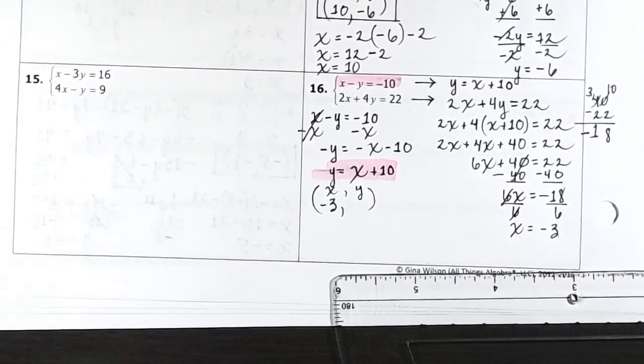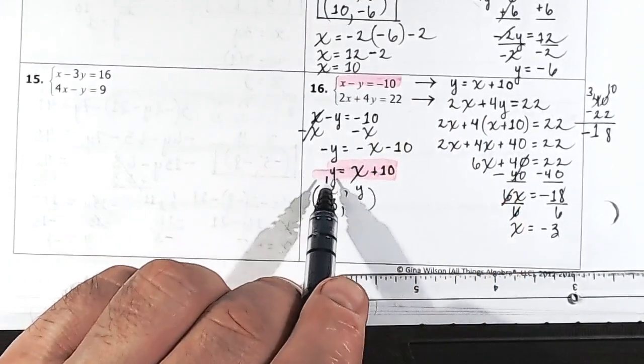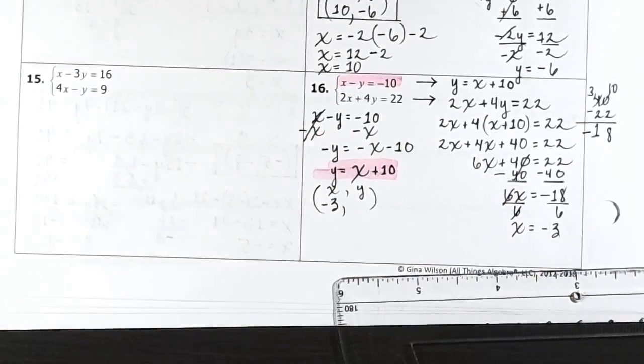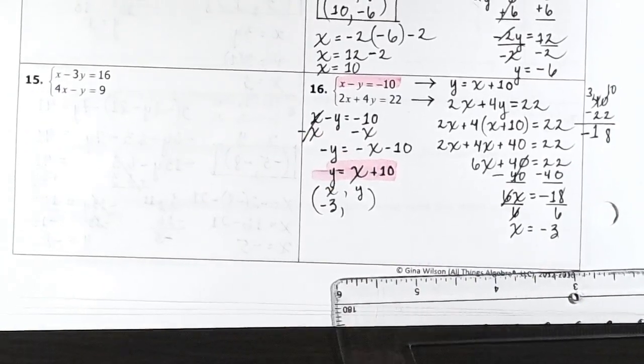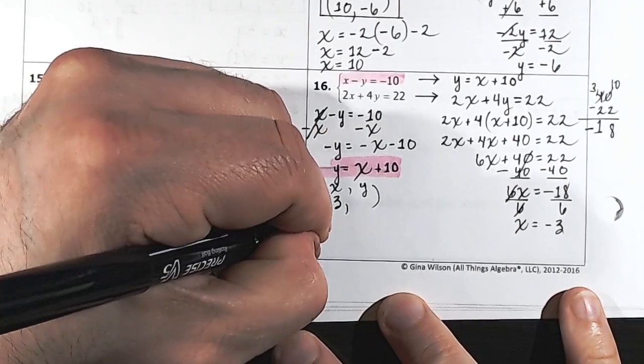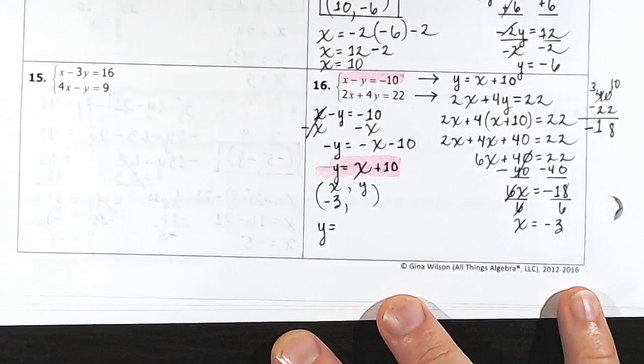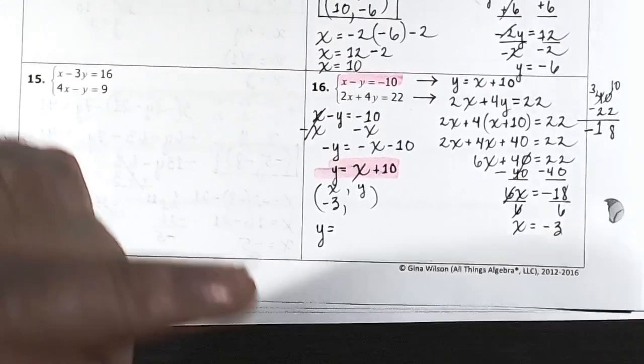Well, luckily, I solved one of my equations for y, right here. So I just have to go plug this in. So I'll write y equals, and instead of writing x plus 10, I'll write negative 3 plus 10.